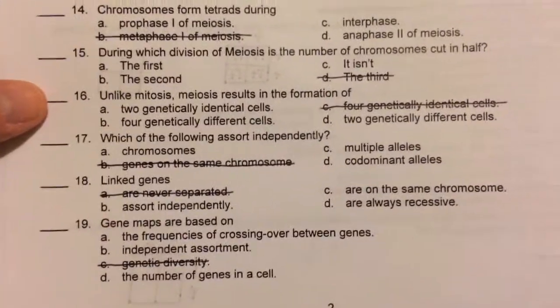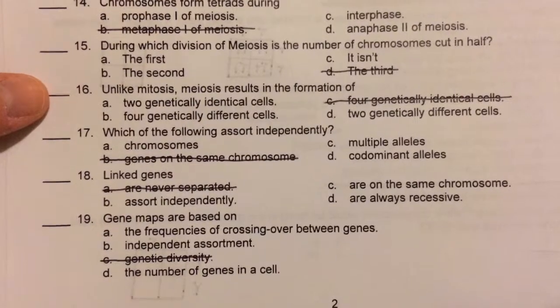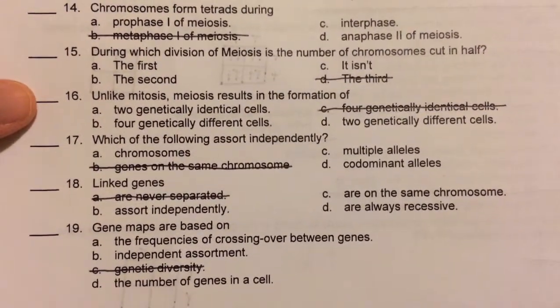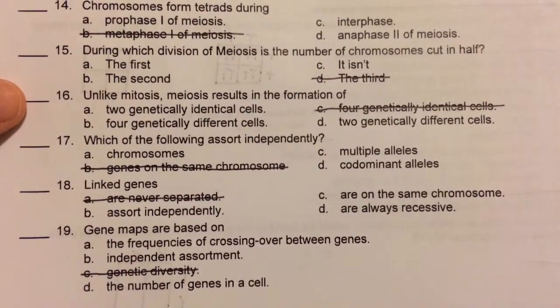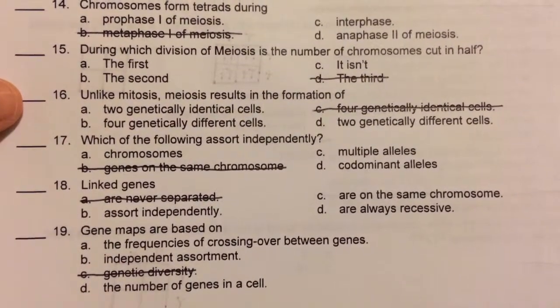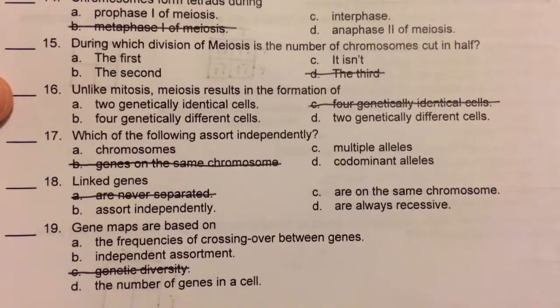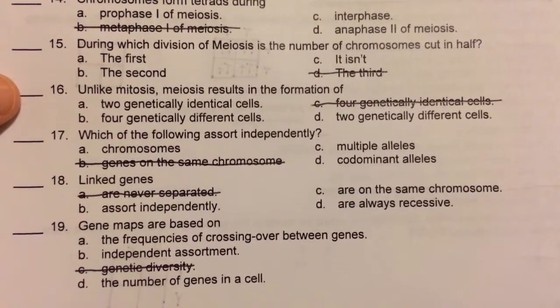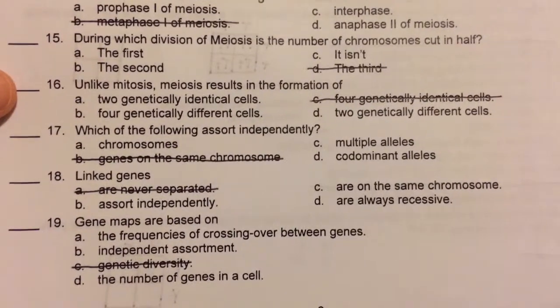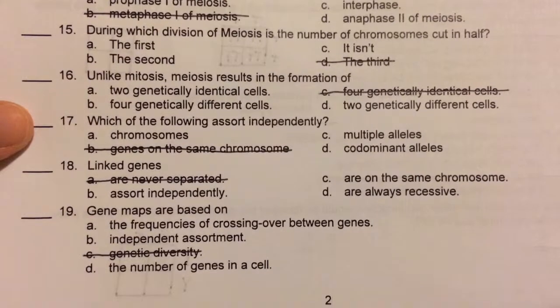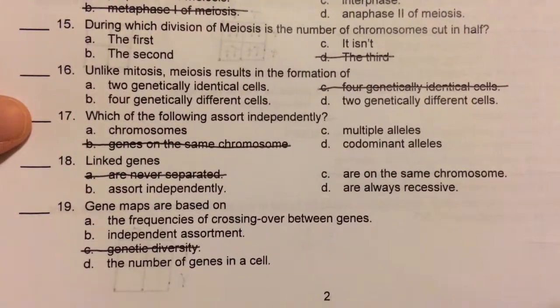Number 16, unlike mitosis, meiosis results in the formation of A, 2 genetically identical cells, B, 4 genetically different cells, or C, 2 genetically different cells. Number 17, which of the following assort independently?